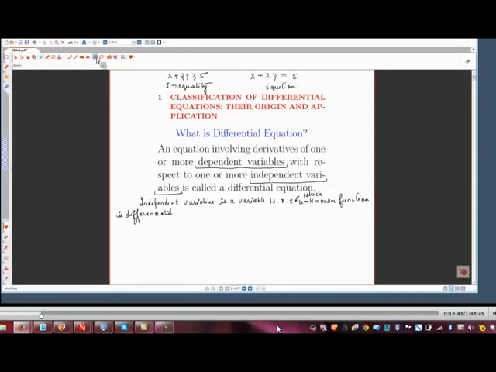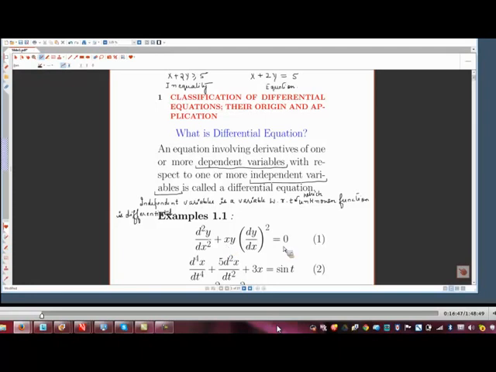Let's see, if I have this example right up here, what is my unknown function in this example? This is an equation because it has an equals sign. It involves derivatives and it has two variables, y and x. So what is the unknown function?